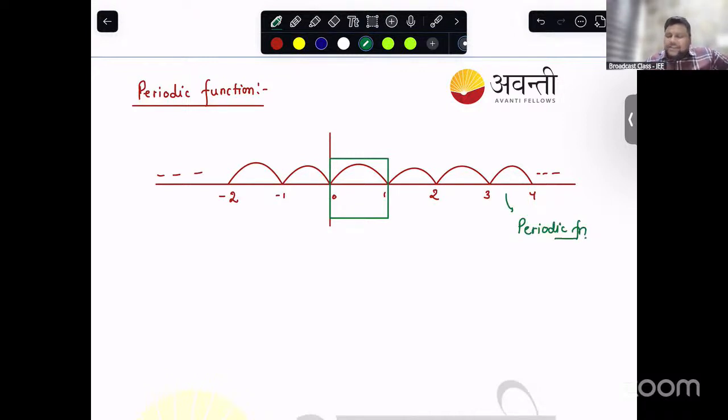This is their graphical definition. The length of this frame, say this length is t, is called the period of the function. Am I correct?